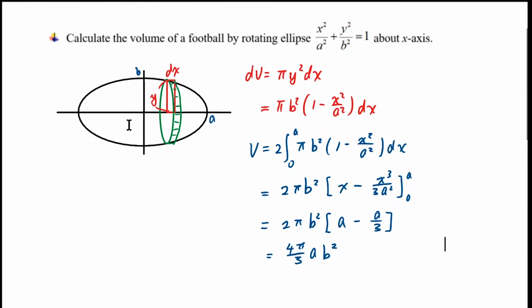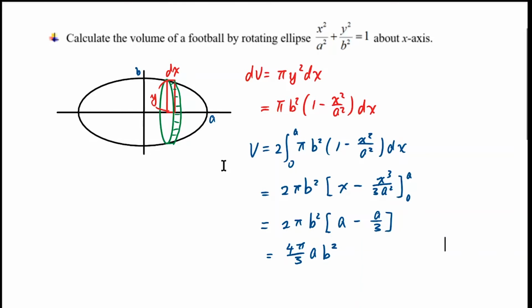But if you're rotating it this direction, b gets squared and a is not squared. Do you see if I rotate it about the y-axis, then it creates not a football but an Advil looking, M&M looking shape? Do you see the fundamentally different shape? And that's a bigger volume than this football?